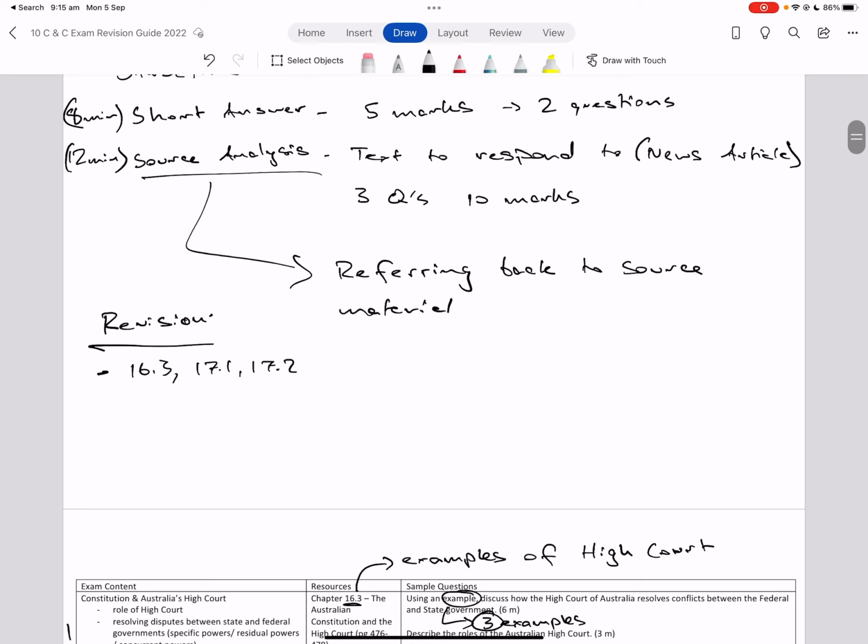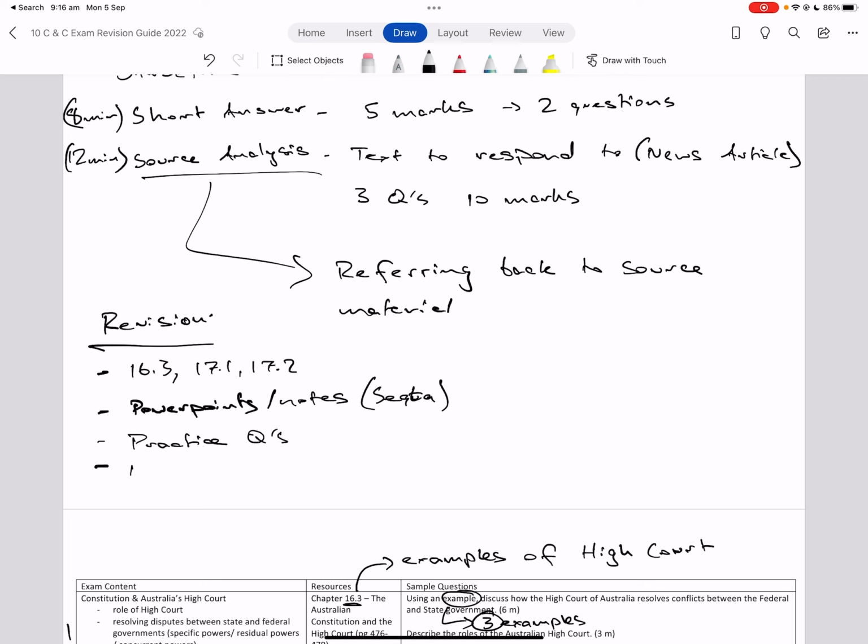Really good starting point. You can go back and have a look at PowerPoints or notes that you've taken from sector. And finally, you can also make use of the practice questions, which are on the table here as well.